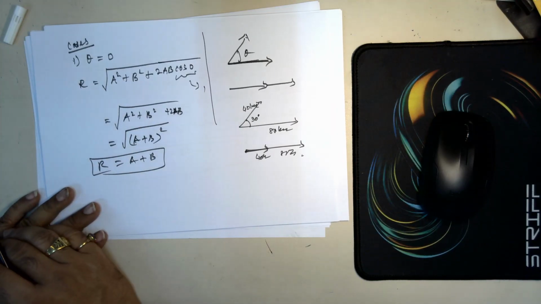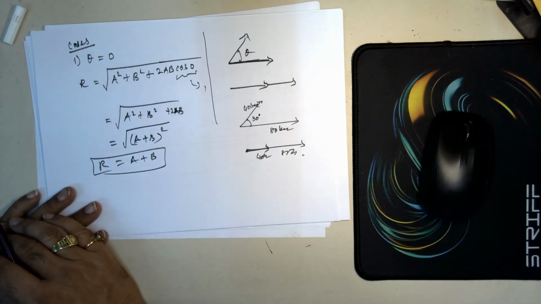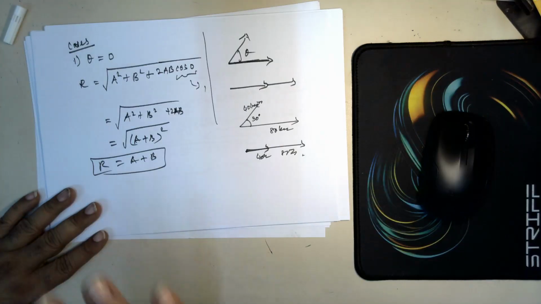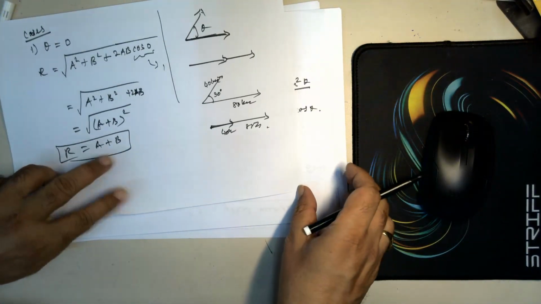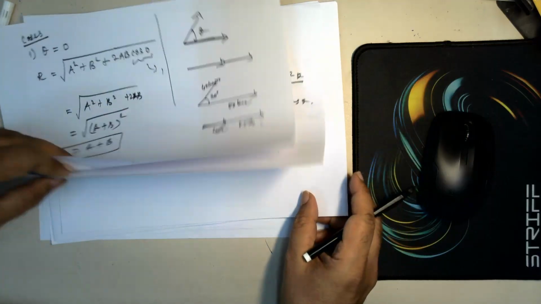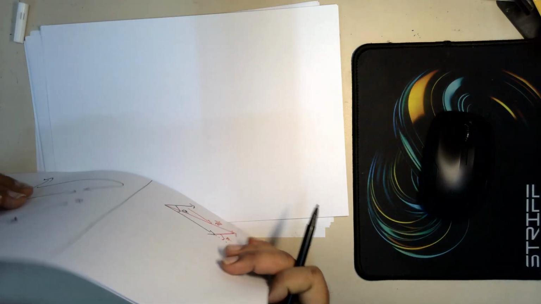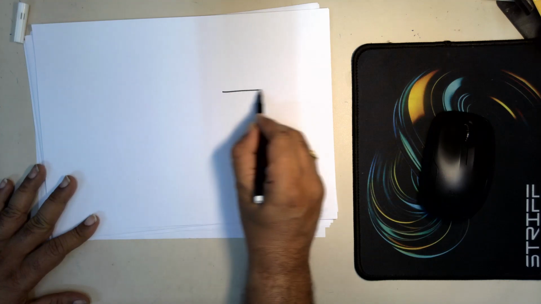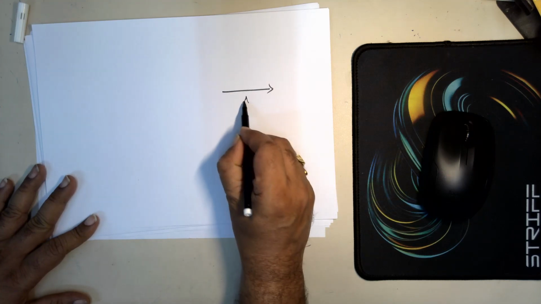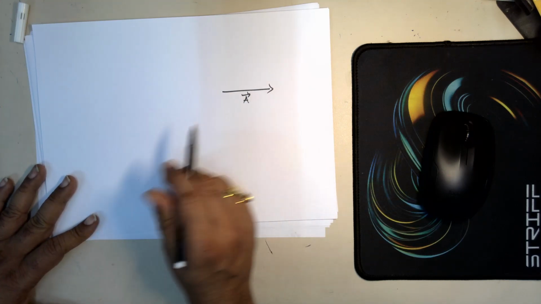Now listen to me, let me say theta is equal to 90 degrees. What do you understand from this? Now I will draw, you have to tell me. One minute, let me draw, and you have to guide me so that I can check whether you are able to understand the concept. So I said vector A is moving in this direction and vector B is at a right angle.